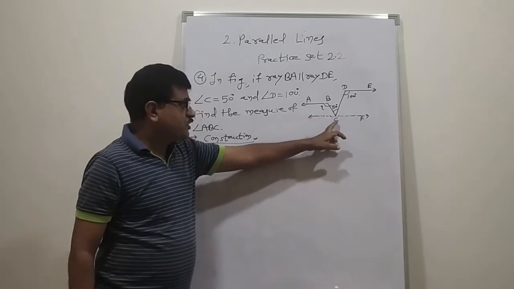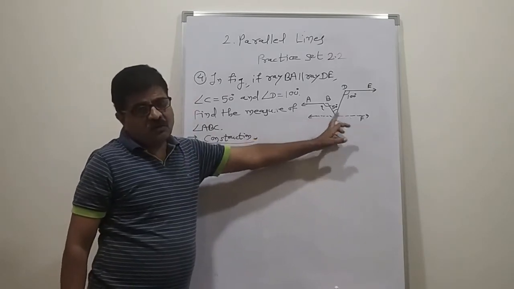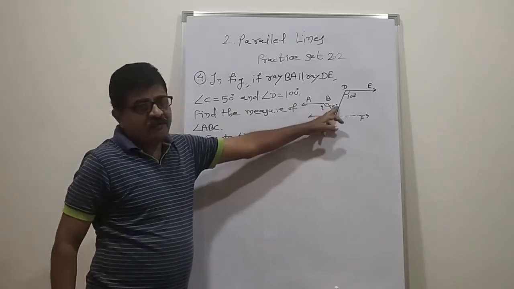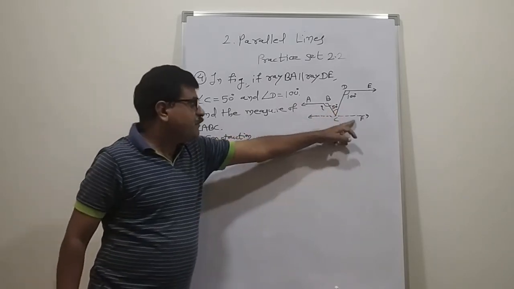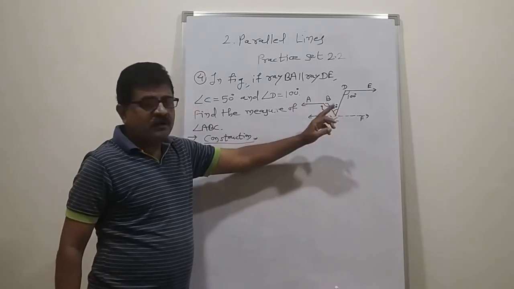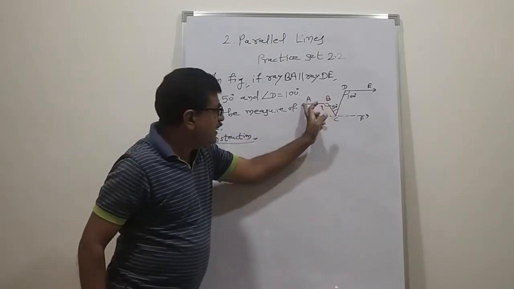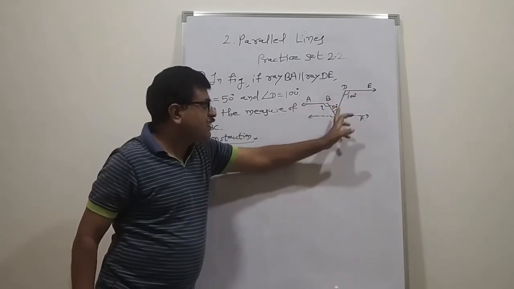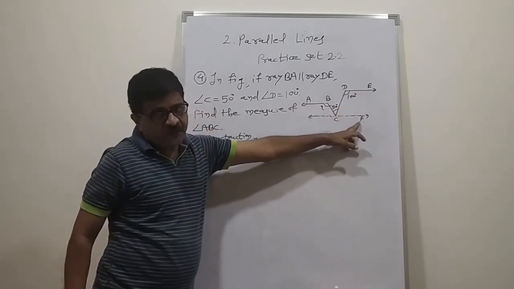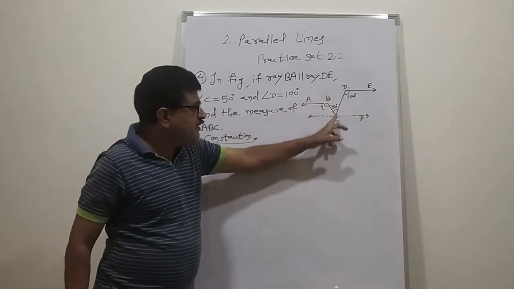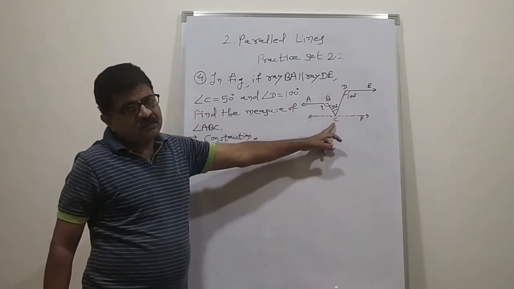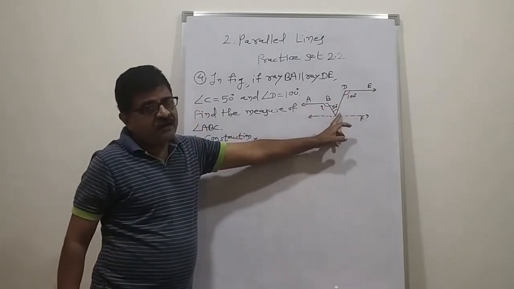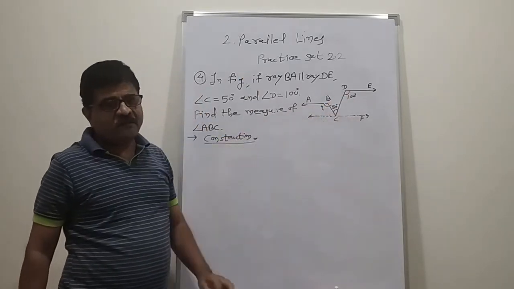Now construction: draw a line passing through point C parallel to line AB, that is CF parallel to AB. But we have given AB parallel to DE, therefore DE is parallel to CF, and DC is its transversal. Therefore these two angles are interior angles on one side.